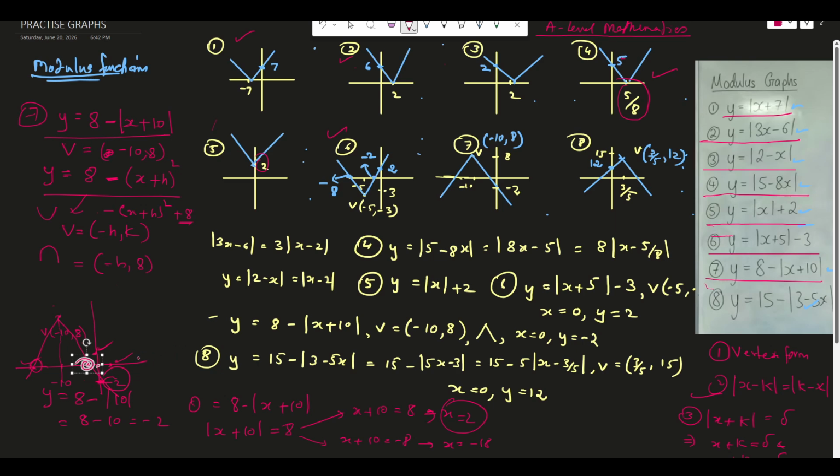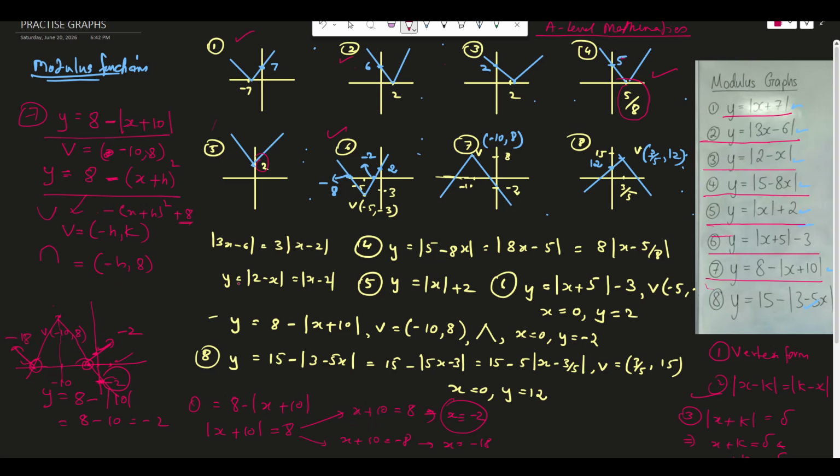Okay, so is it 2 or minus 2? 8 minus 10 is minus 2. So x equals 8 minus 10, which is minus 2. So this is going to be a minus 2 and this is going to be a minus 18.